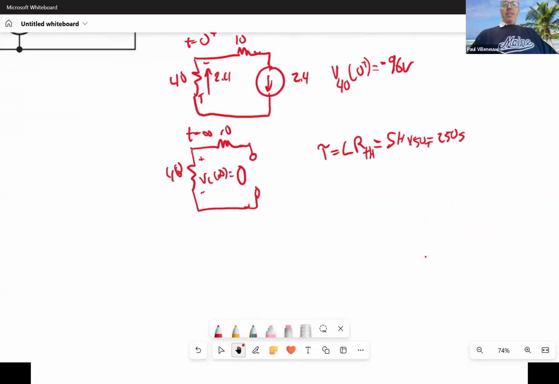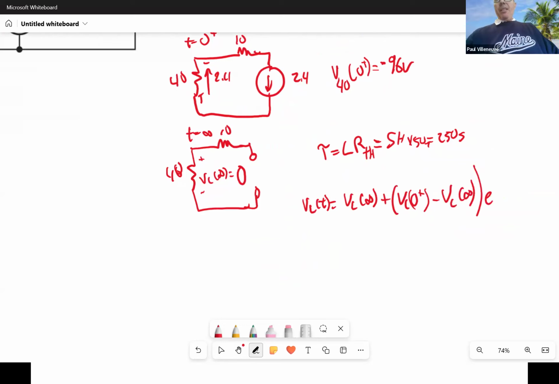So my final expression for VL of t is going to be equal to VL of infinity plus VL of 0 plus minus VL of infinity, times e to the minus t over tau.